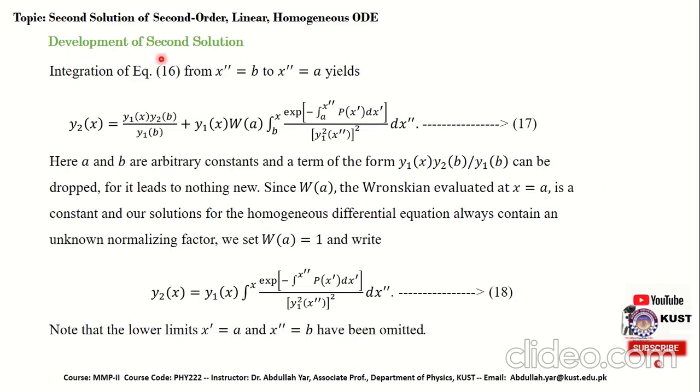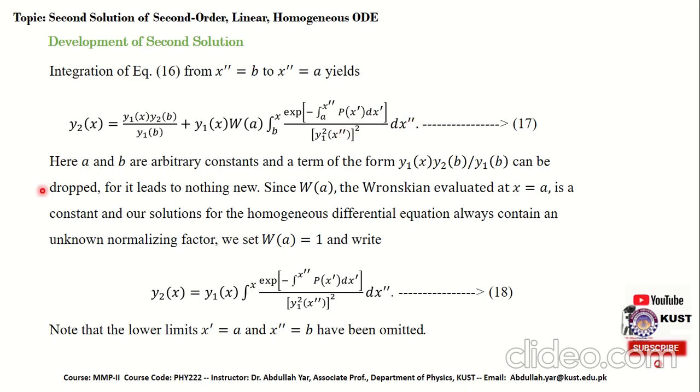Now equation number 16 can be integrated from x double prime equal to b to x double prime equal to a, which yields y2 of x equal to y1 of x y2 of b divided by y1 of b plus y1 of x w of a integral from b to x exponential minus integral from a to x double prime p of x double prime dx double prime dx prime whole divided by y1 square x double prime whole square dx double prime.